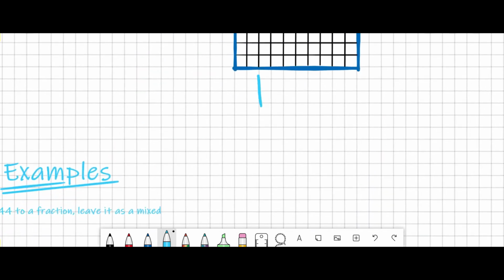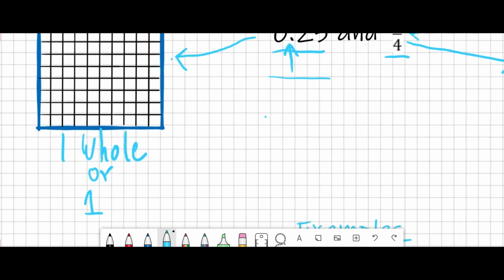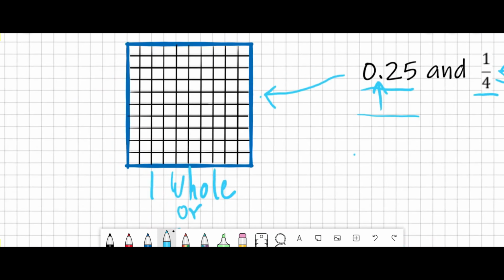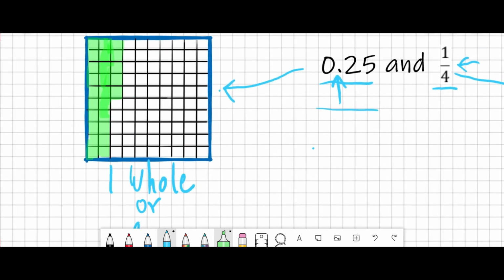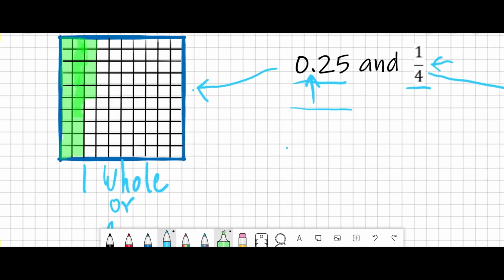And same over here. So let's work with the decimal first. To color in 0.25, all we have to do is color in 2 bars made out of 10 squares and 5 of the little squares, because that would be 2 tenths and 5 hundredths, which is our decimal. Perfect. So that's 0.25 in my big square or my big whole.